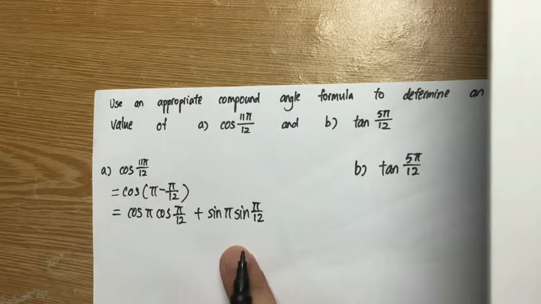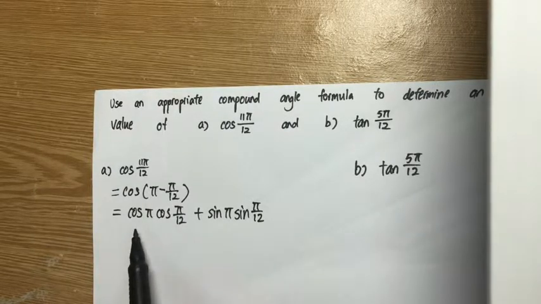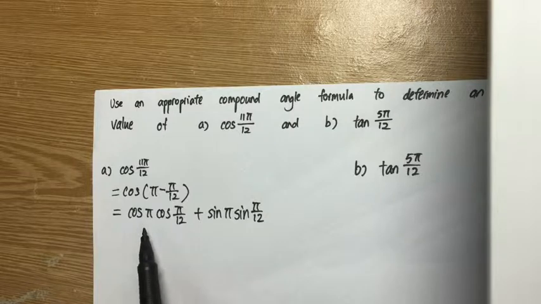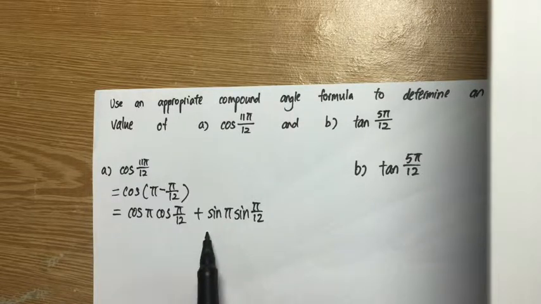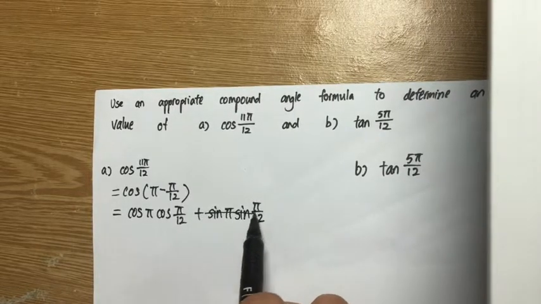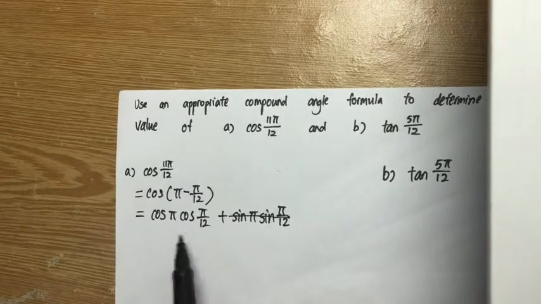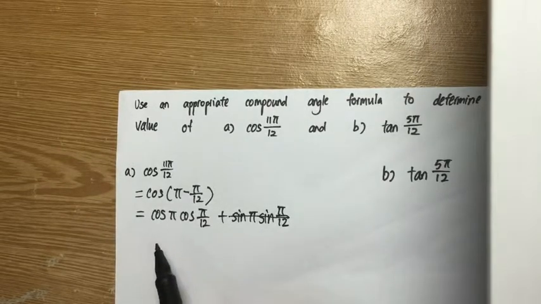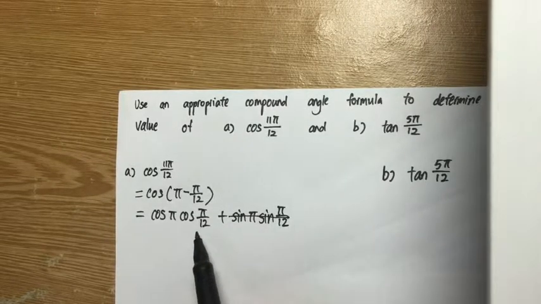From looking at this expression, we know that cosine pi is negative 1 and sine pi is 0. Since sine pi is 0, we can immediately omit this expression. Right now, we just have to deal with cosine pi times cosine pi over 12.